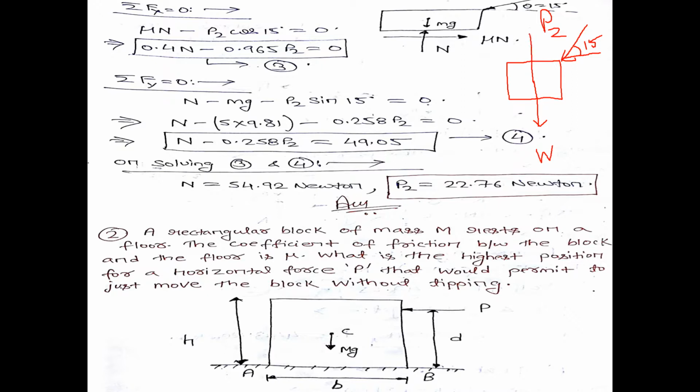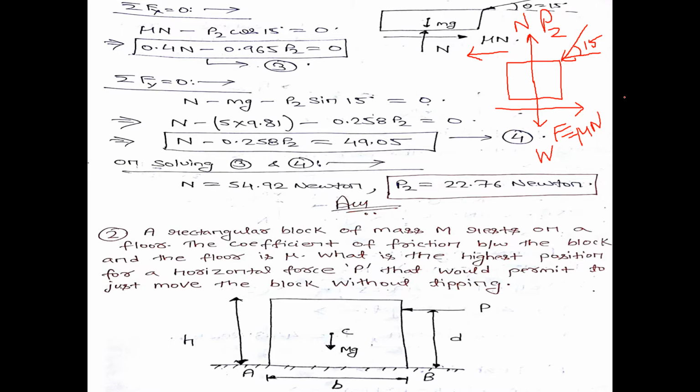The normal reaction which the surface will give to this block is N, and due to this pushing force P, the body will move in this direction. If the body is moving along negative x direction, I know from the law of friction that the frictional force will be acting at the point of contact of the two surfaces in the opposite direction of motion. So this will be the direction of frictional force F, which is equal to mu times N.